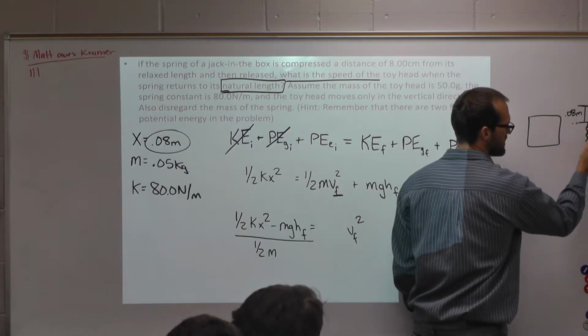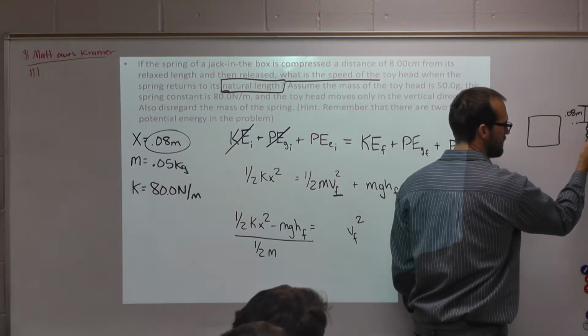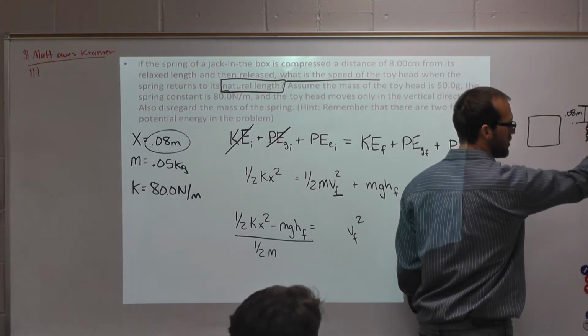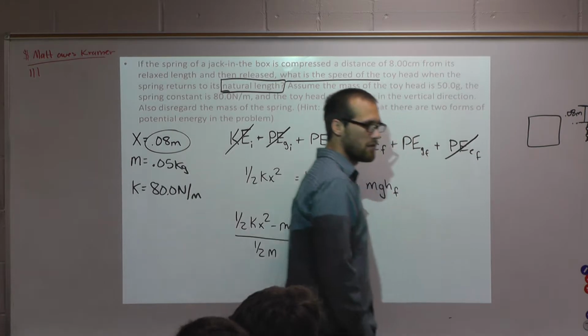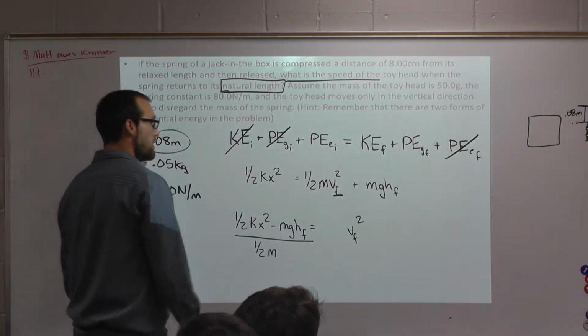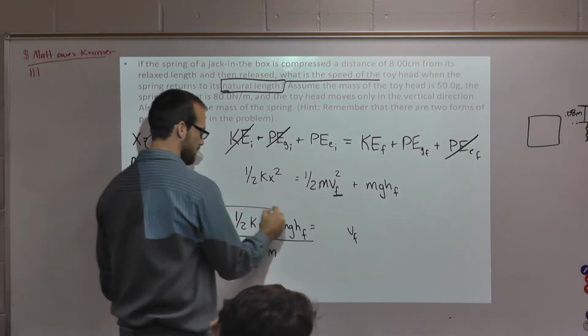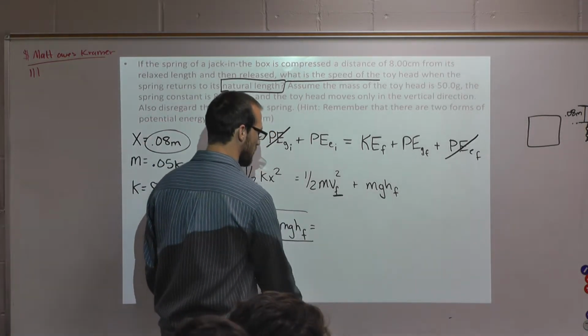Okay? So we know there's no gravitational potential energy here. But we also know that it's 0.08 meters below the relaxed. Okay? So then I'm going to take the square root of everything here so that I can get VF by itself without the square.